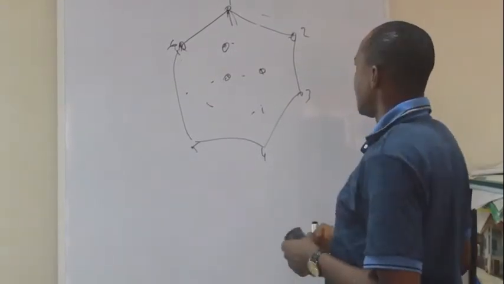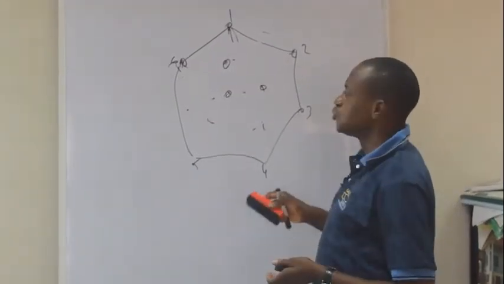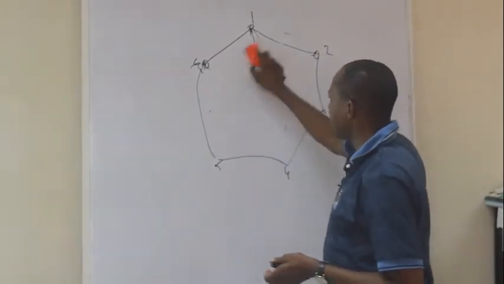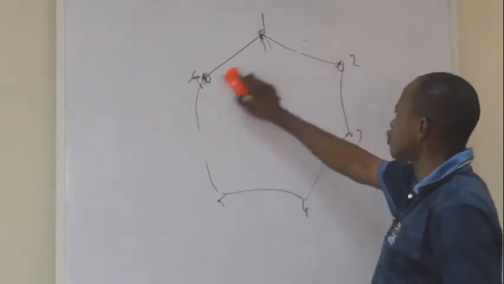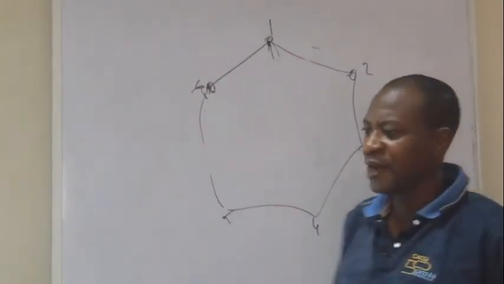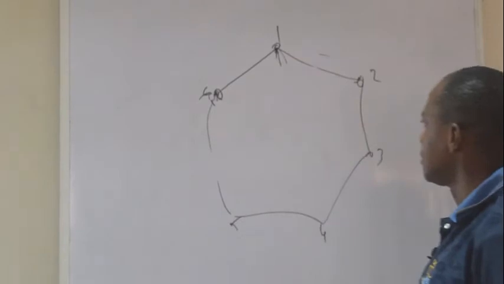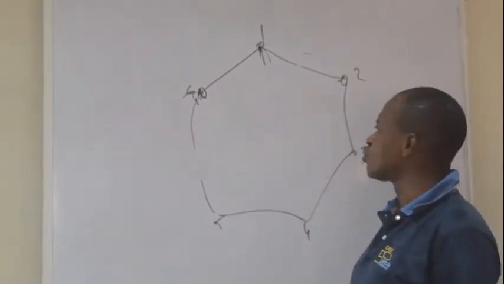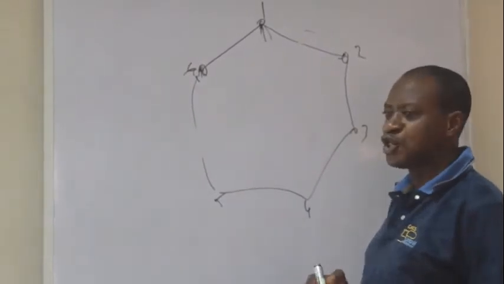Take for instance, somebody bought a piece of land and he wants to build a very mighty, gigantic building on that land. And they ask the surveyor, help us to determine the size and the shape.